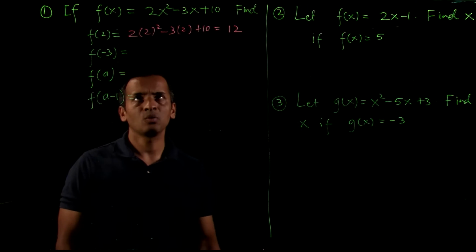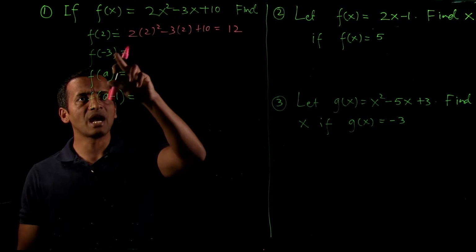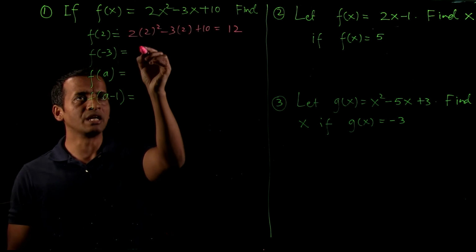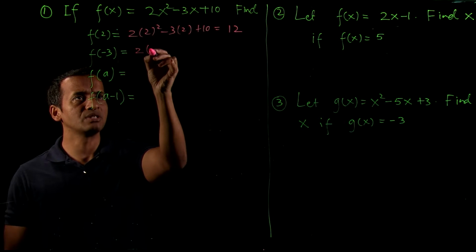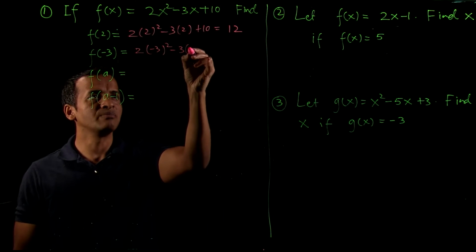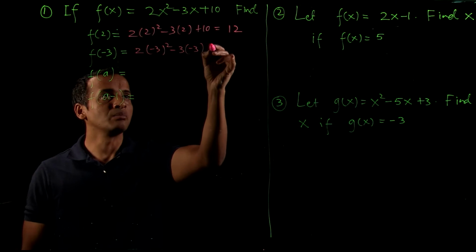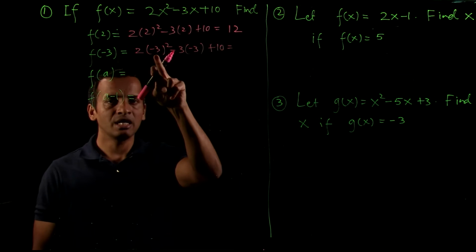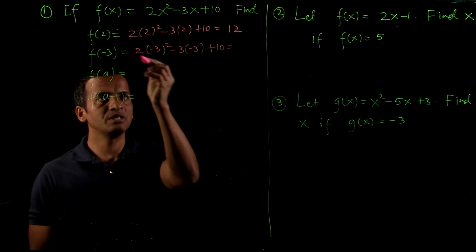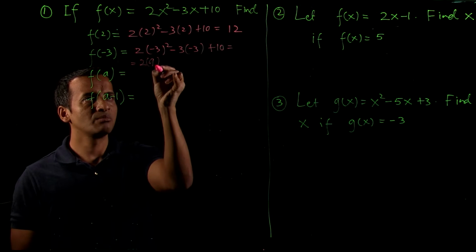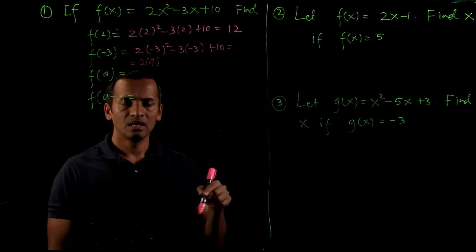Okay, the second one is you replace x by negative 3, so all of these x's will be replaced by negative 3. So you write 2 times negative 3 squared, and then minus 3 times negative 3, and then plus 10. Okay, in this case, basically this will be 2 times 9, because negative 3 squared will be 9.